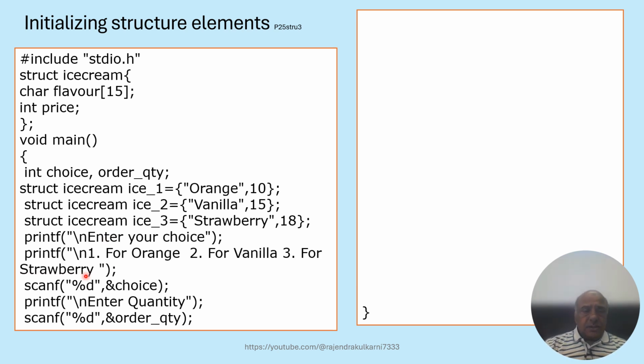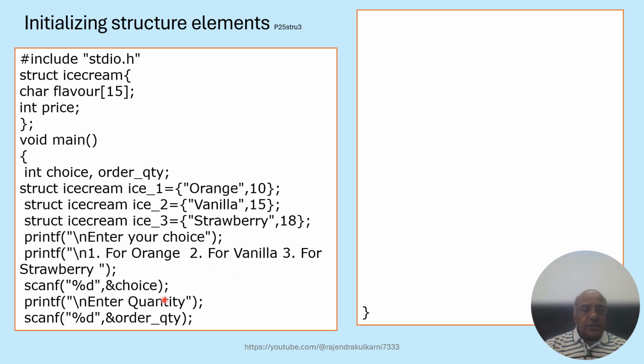Now then there is a printf statement which prompts the user: enter your choice of ice cream which you want to buy, 1 for orange, 2 for vanilla and 3 for strawberry. So whatever flavor the user wants to order, he enters either 1 or 2 or 3 as his choice.